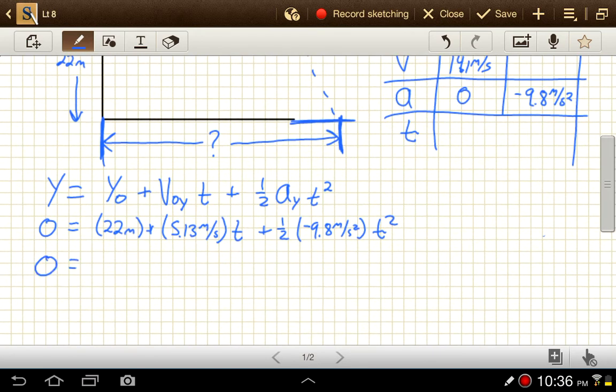I'm going to skip writing the units because that makes it more complicated, and write it in order of squared term, linear term, then constant: negative 4.9 t squared plus 5.13 t plus 22. So this is a quadratic equation.